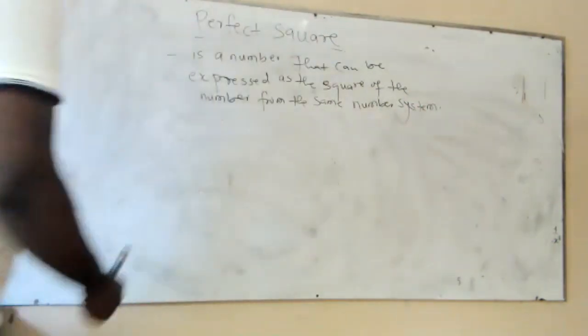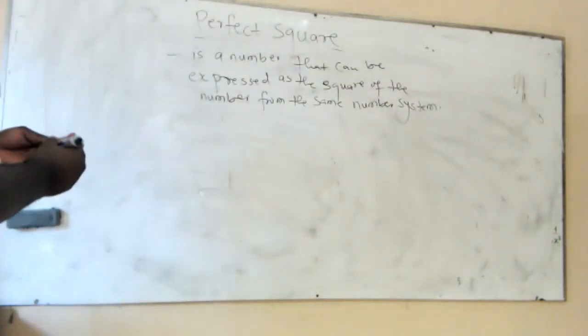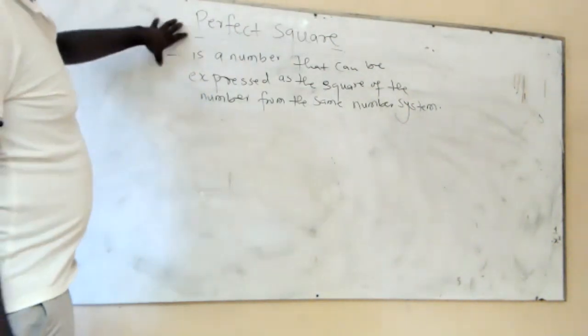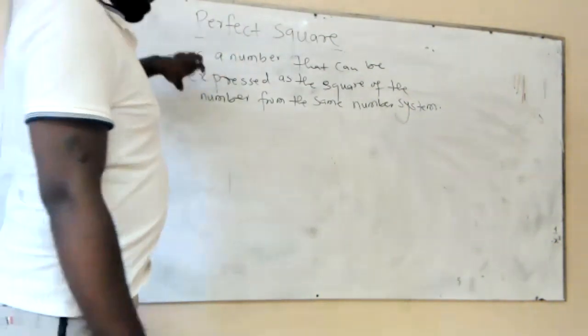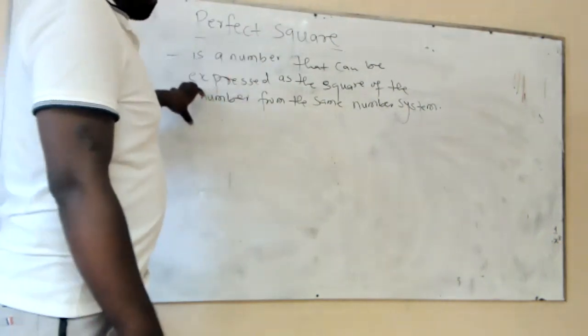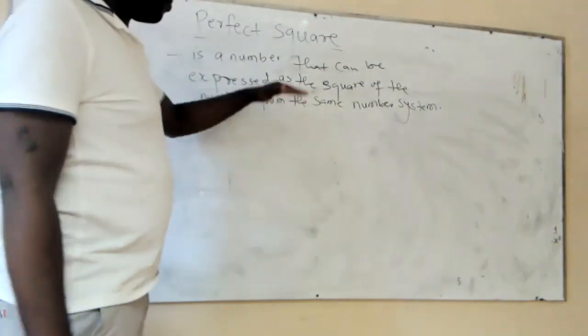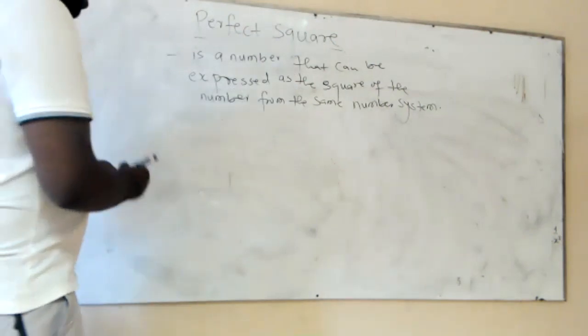Simple as this. This is the definition for the perfect square. So perfect square is a number that can be expressed as the square of a number from the same number system. So let's give an example.